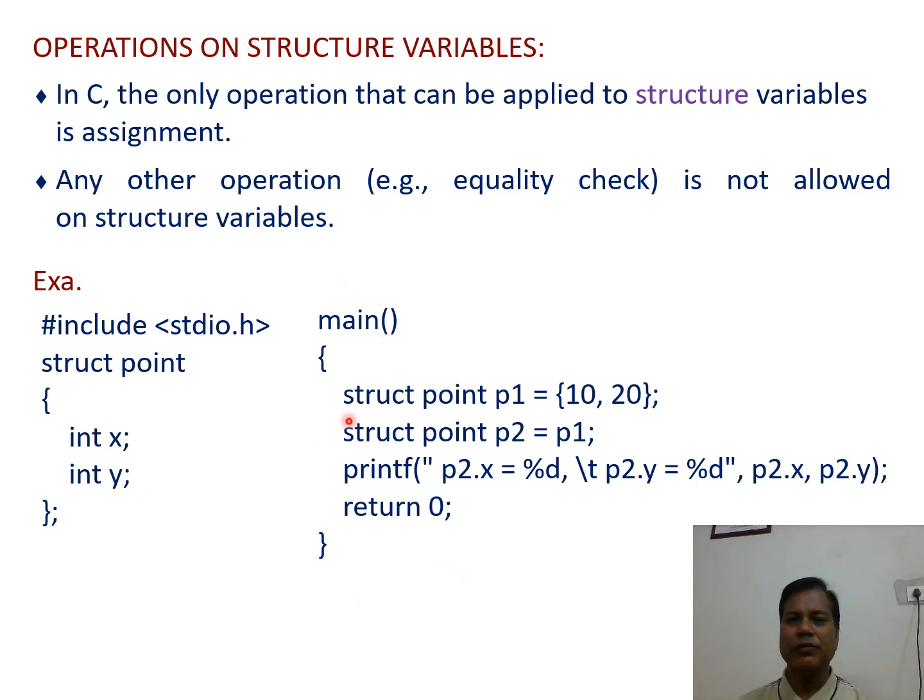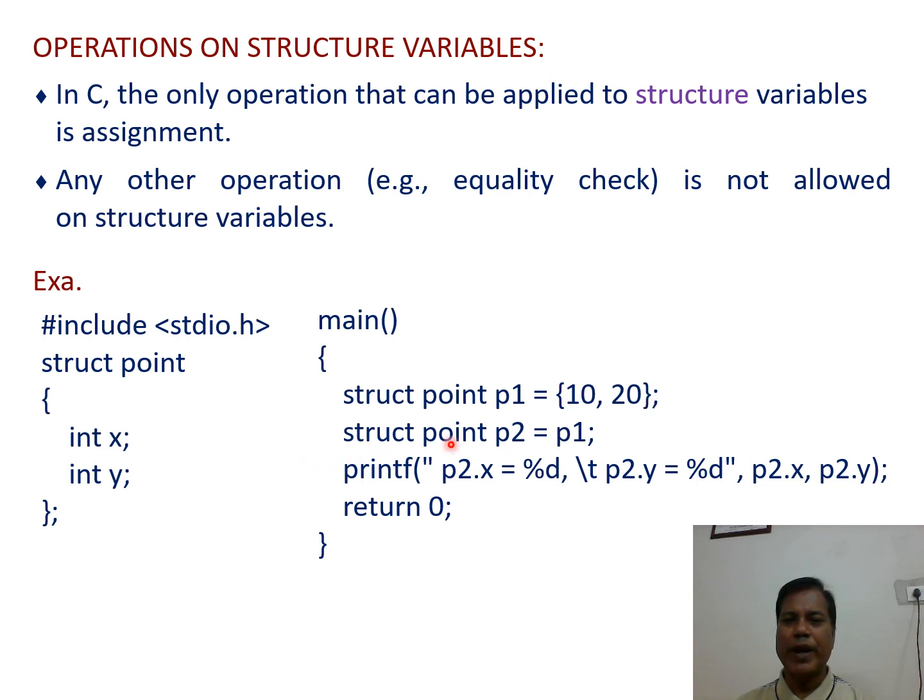In the main function, the first statement is struct point p1 = {10, 20}; So using this statement, we declare the structure variable p1 and its value is assigned as 10 and 20.